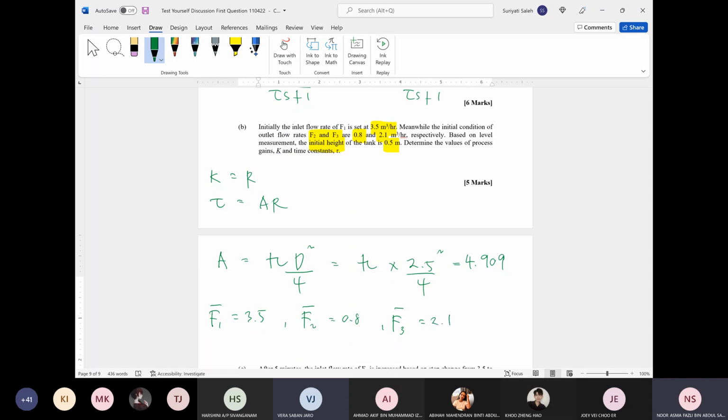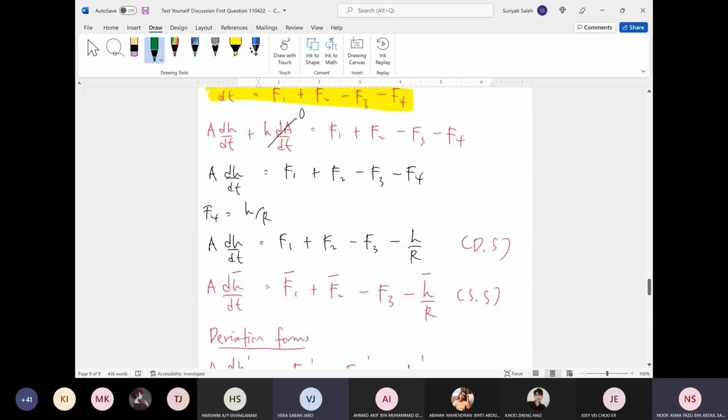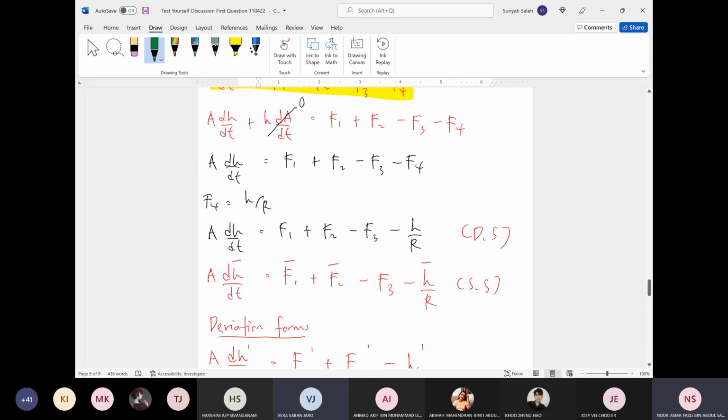And then initial height H bar, 0.5. If we take a look, all of it has the bar, which indicates that you need to use the steady state condition, where you have A dH bar dt equal to F1, F2, F3, H over R.